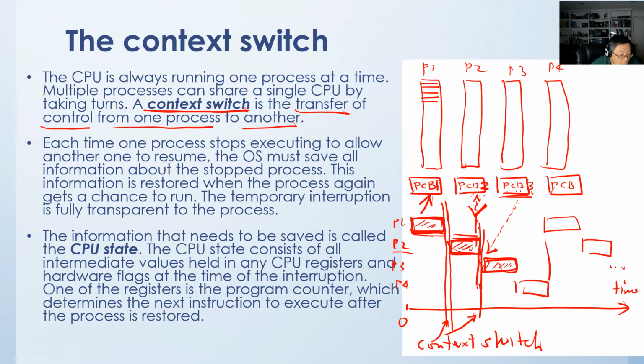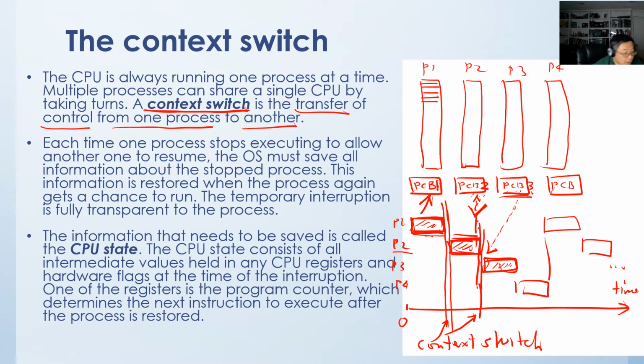So the context switching takes time. But most of the time, we choose to ignore the context switch time, because compared with the running time for the process, the context switch time is relatively small. But if you have to do the context switching very frequently, maybe you have to think about the time. It's an overhead.